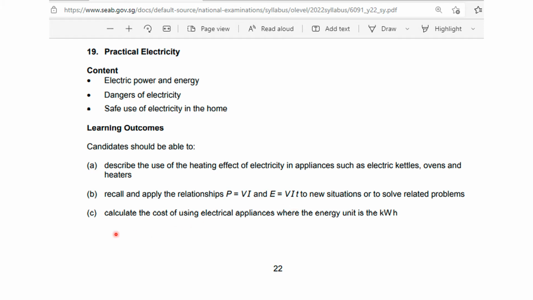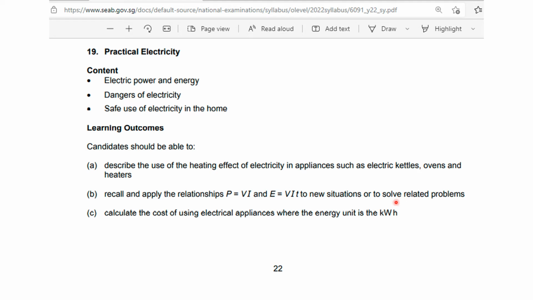But when you are going to calculate the cost of using appliances, where the energy unit is kilowatt-hours, you still calculate power using VI, where V is in volts and I is in amperes, and power is in watts. But then your power must be changed to kilowatts. 1 kilowatt is equal to 1000 watts, so if you have power in watts, you divide it by 1000 to change it to kilowatts.